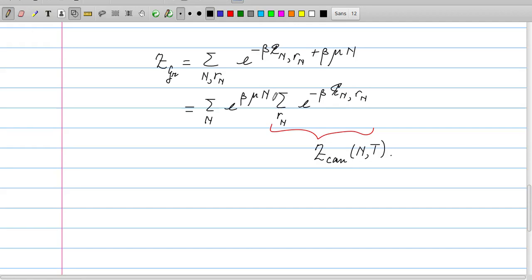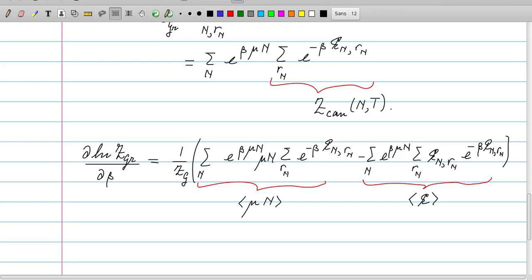Now, having this result, we can calculate whatever we like, and as an example, we can look at the energy. In order to find the energy, we just start by taking the derivative of the logarithm of the partition function with respect to beta, which in the case of the canonical ensemble directly gives us the energy. But let's see what we get now. We see that we obtain two contributions, one from the beta in front of the mu N in the exponent, and one from the beta in front of the E_n.